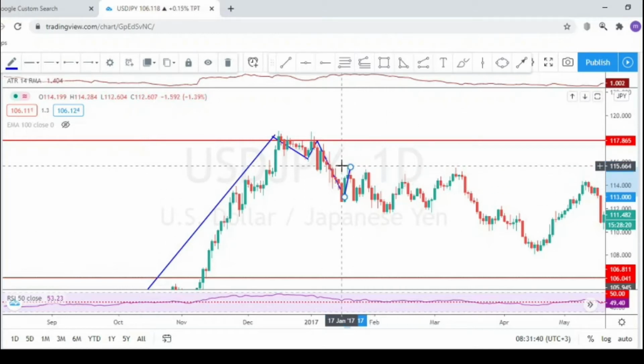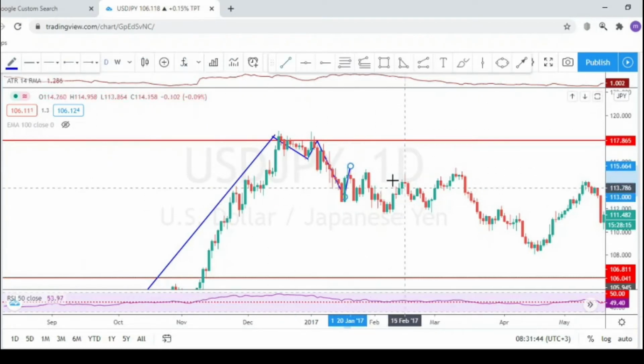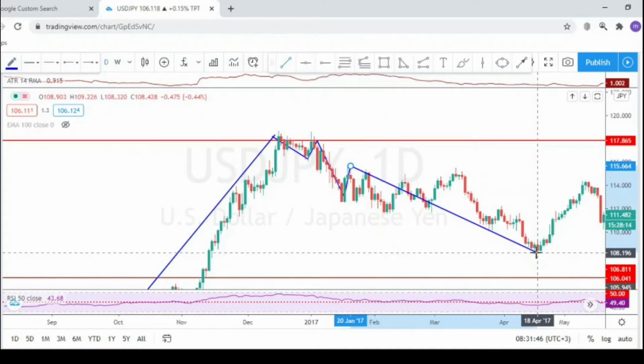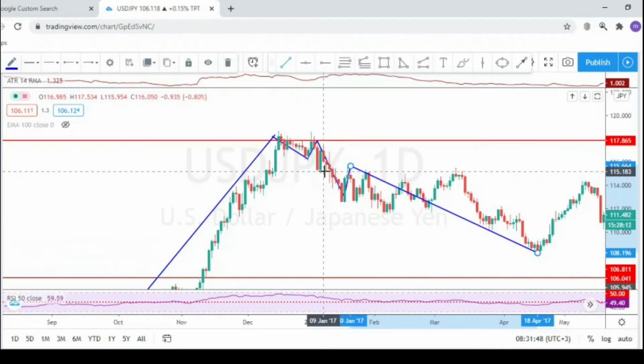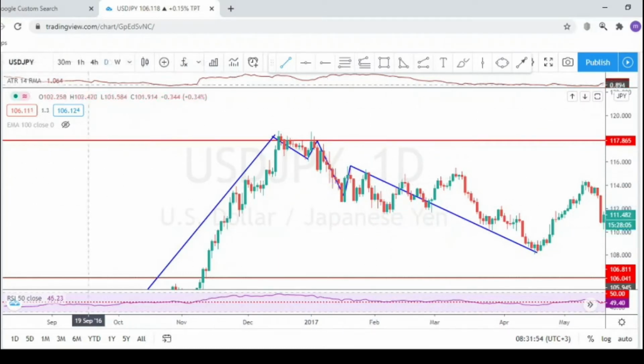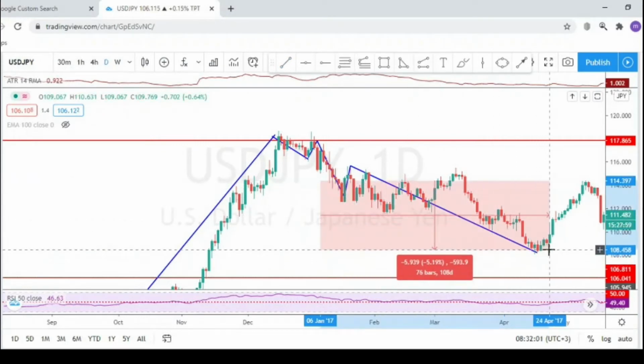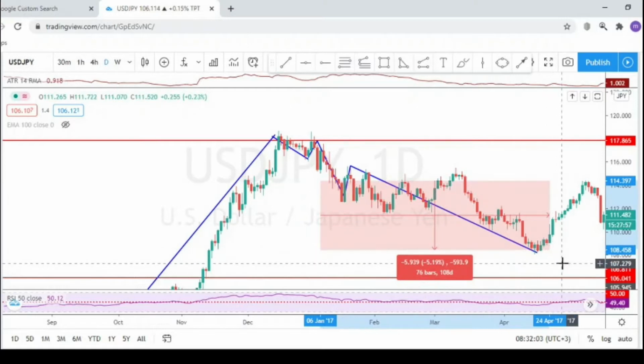Then after that, you see this kind of a big wave that has happened. And this big wave, guys, it's about, let me see, and this big wave is about 600 pips on a daily time frame.